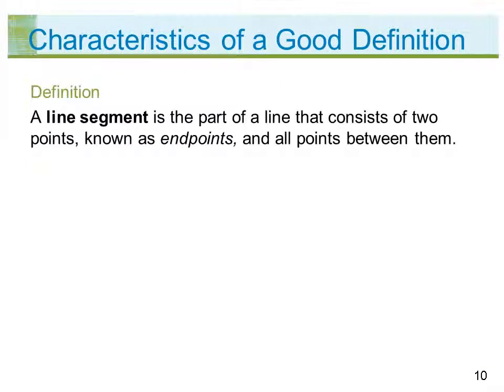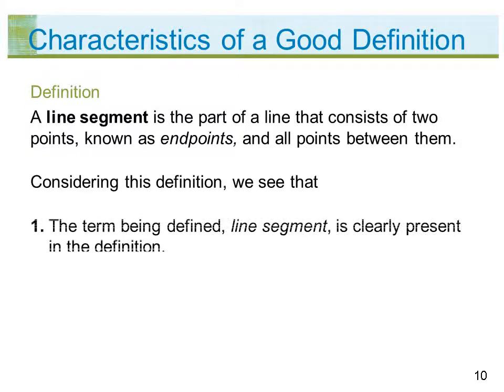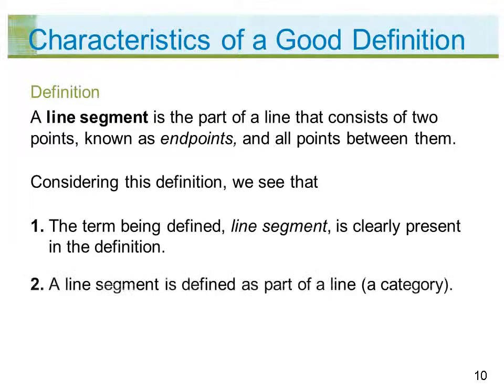Definition. A line segment is the part of a line that consists of 2 points, known as endpoints, and all points between them. Considering this definition, we will see that number 1, the term being defined, line segment, is clearly present in the definition. Number 2, a line segment is defined as part of a line, a category.